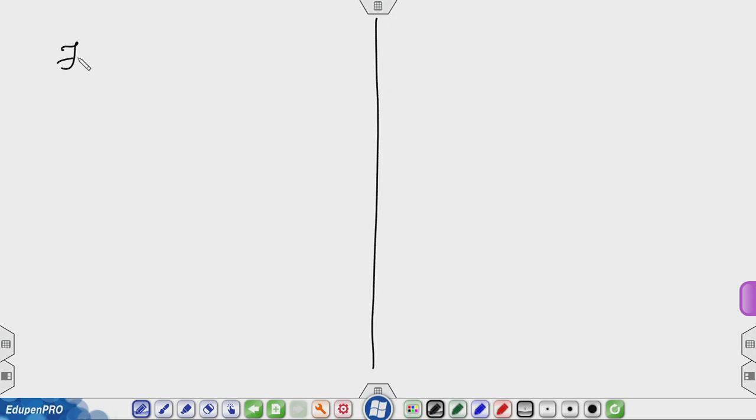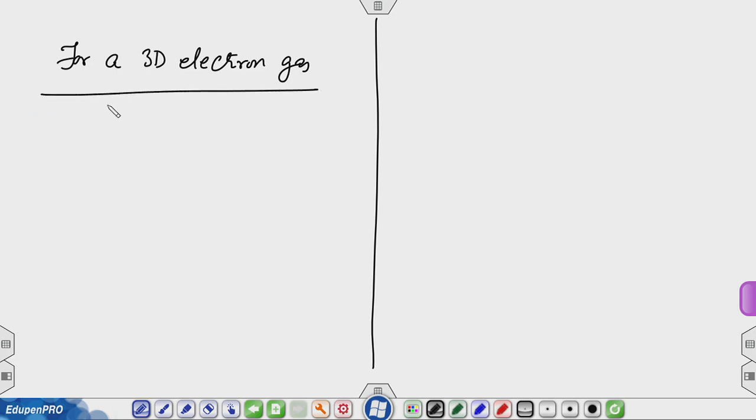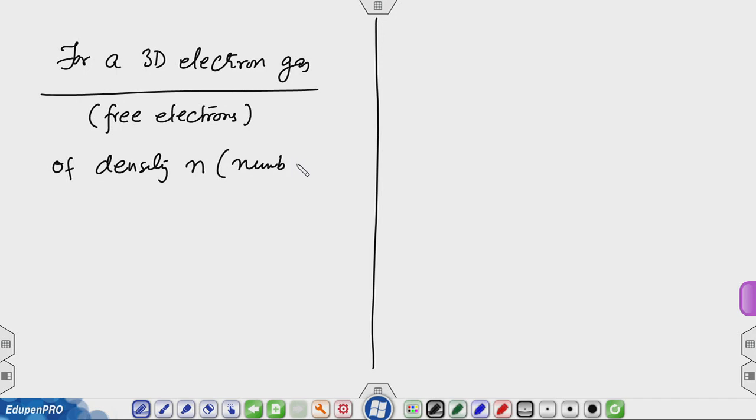We have already learnt that for a 3D electron gas, and we are taking them to be free electrons of density n, this is number density, we have the Fermi wave vector kF, which is (3 pi square n) raised to 1/3.